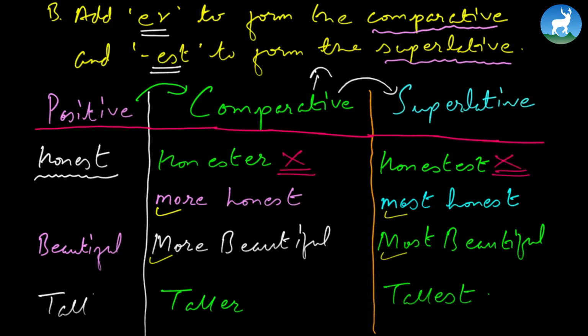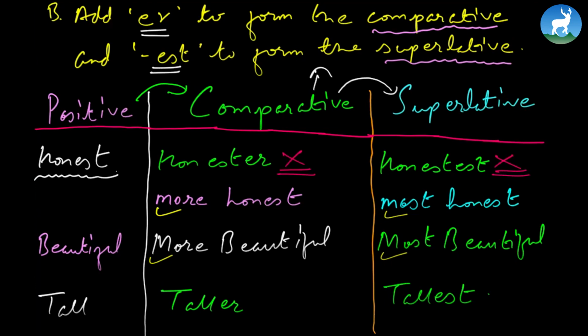Among all the students, Jack is the tallest in grade 5. See? Of course, Ram is tall, but Jack is the tallest. So this is how it intensifies. Comparative intensifies the adjectives. It makes them more vivid, okay?